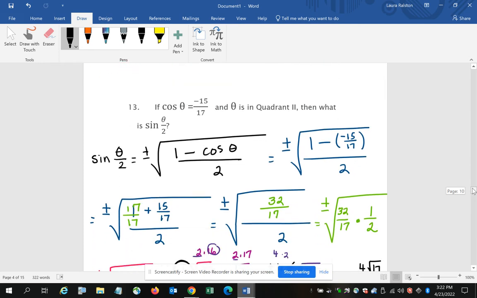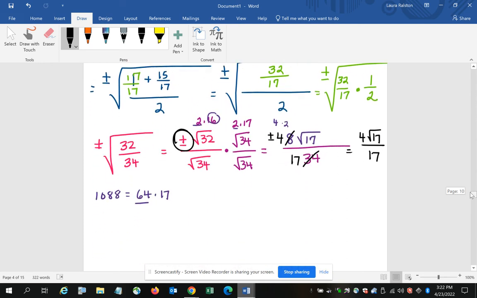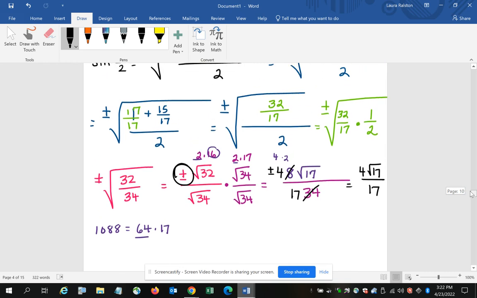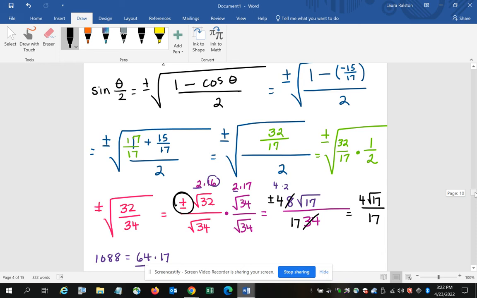So theta divided by 2 is going to end up in quadrant 1, and in quadrant 1 the sign is positive. So our answer should be, I'm going to emphasize it here, positive 4 square root 17 over 17.